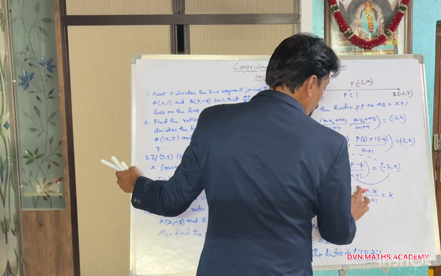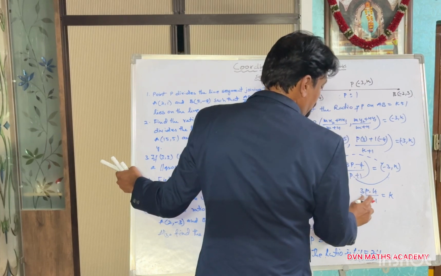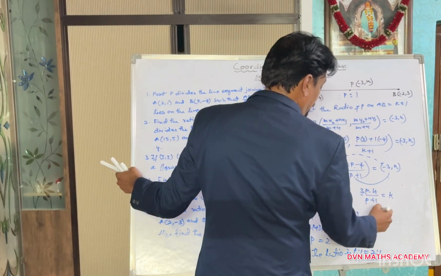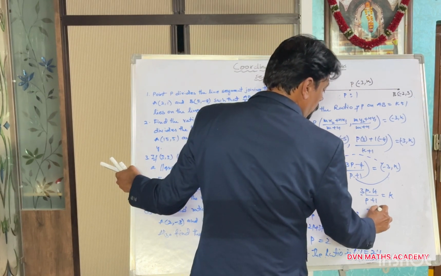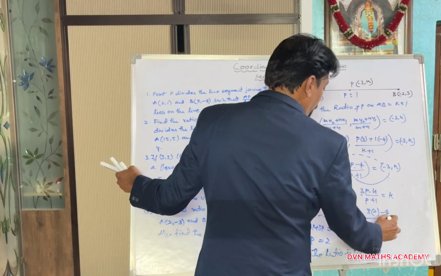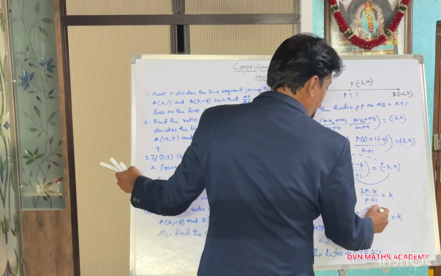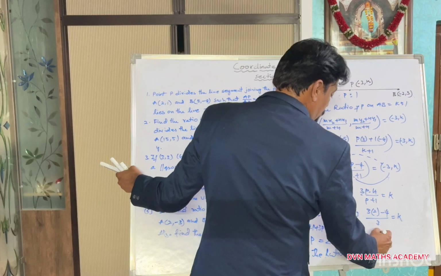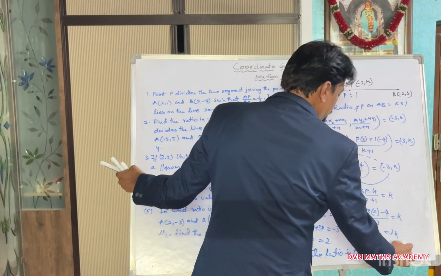Put the value of p in the formula: (3 into 2 minus 4) by (2 plus 1), that is 3, is equal to k. 6 minus 4, this is 2, is equal to 3k. So k is equal to 2 by 3.